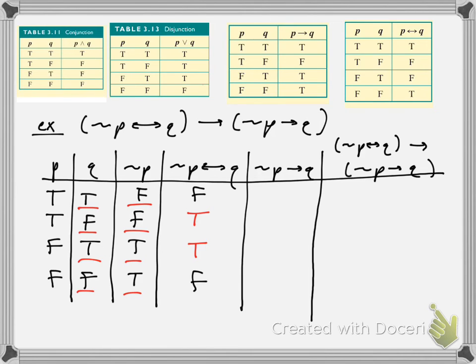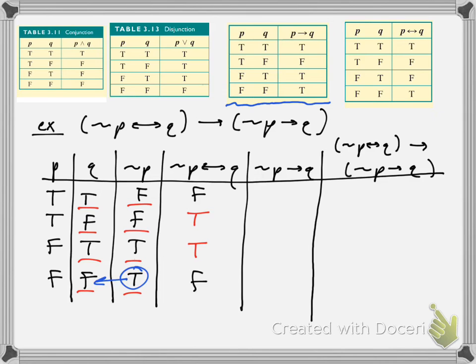Now I'm going to do not P implies Q. This is not a biconditional, this is a conditional, so I'm working with this truth table up here. The only time that statement is false is when I have a true then a false. That only happens right there, where not P is true and the false comes after it.